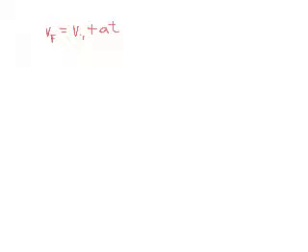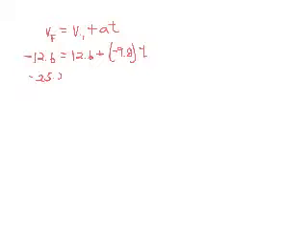V sub f was negative 12.6 equals positive 12.6 plus negative 9.8 times t. Solve for t, you're going to get negative 25.2 equals negative 9.8 t.